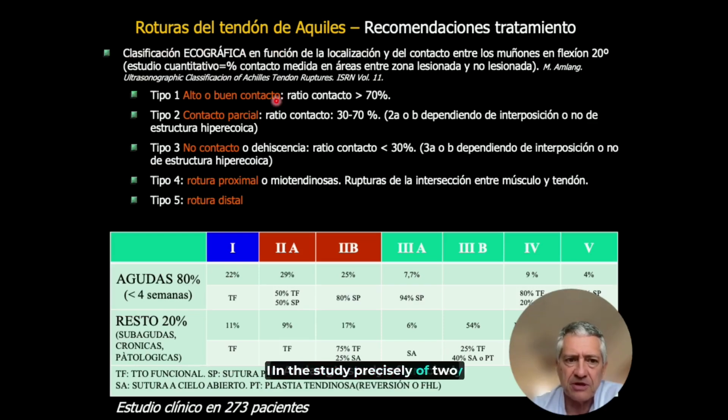In the study of 273 patients conducted by Amlan, he made this classification. From the point of view of the classification, he saw that the initial acute treatment, of shorter duration from the diagnosis of the rupture to the treatment, in acute injuries, which in his case reached up to 80%, and the cases with a good position of the stumps, which reached up to a quarter of the patients with functional treatment, had a good result.